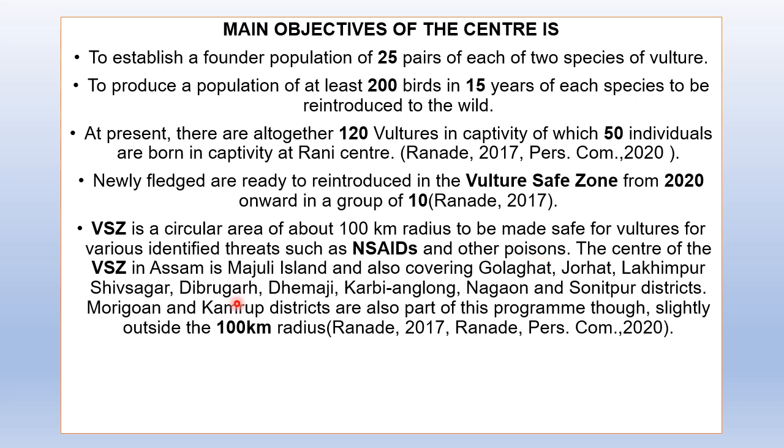The center of the VSZ in Assam is Majuli, also covering Golaghat, Jorhat, Lakhimpur, Sibsagar, Dibrugarh, Dhemaji, Karbi Anglong, Nagaon and Sonitpur districts. Morigaon and Kamrup districts are also part of this program, though these 2 districts are slightly outside the 100 km radius, but historically had a good vulture population.